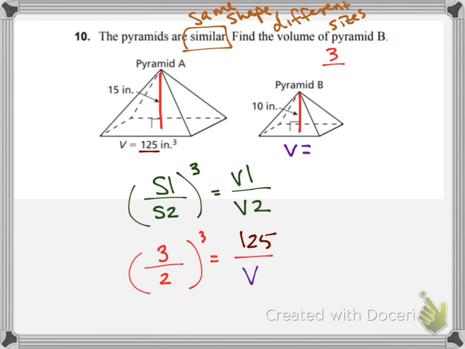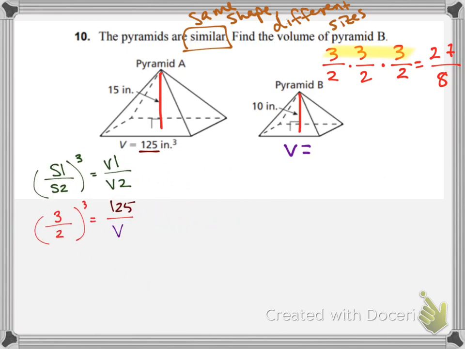When you're cubing, you're multiplying something by itself 3 times. 3 times 3 times 3 is 27. 2 times 2 times 2 is 8. So that's what our fraction is, 27 over 8, and it will equal 125 over the volume.